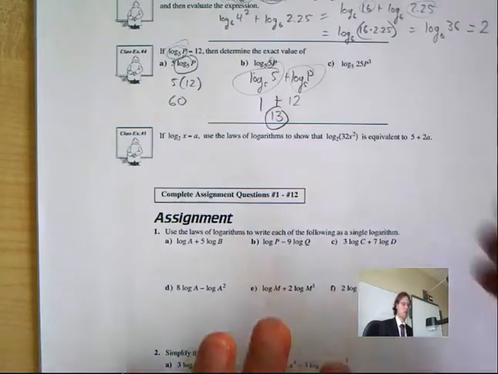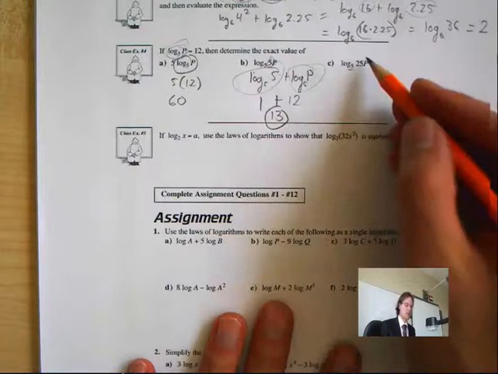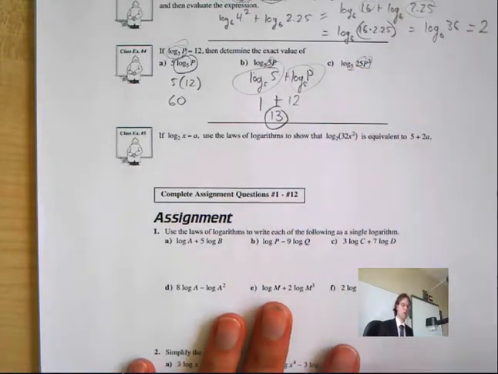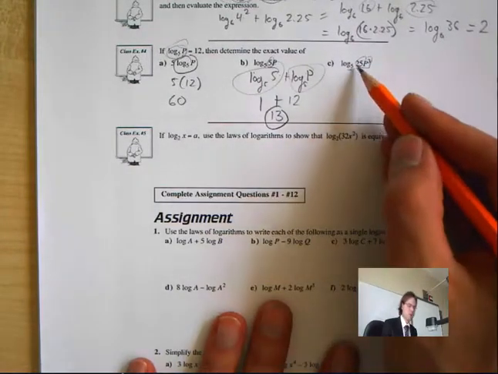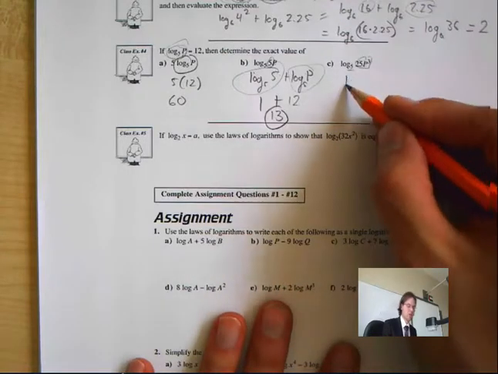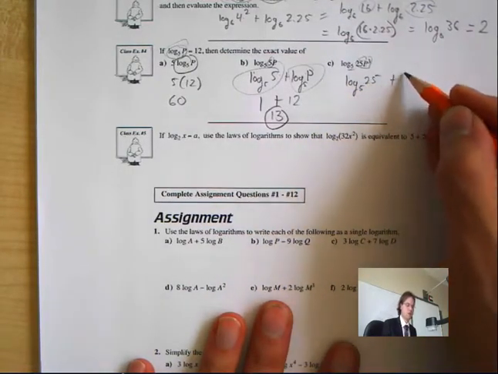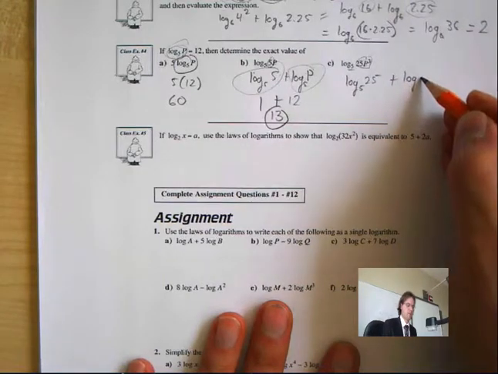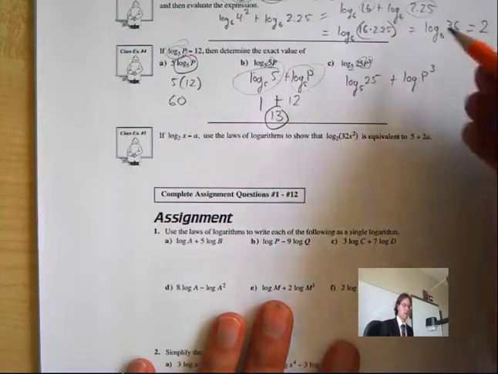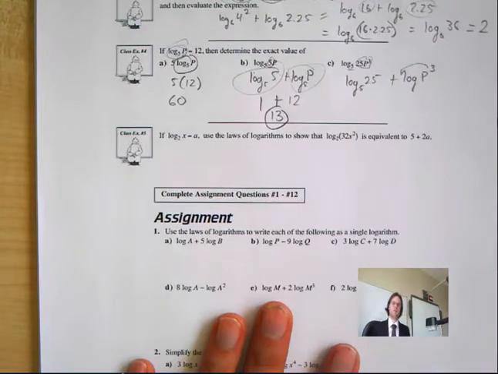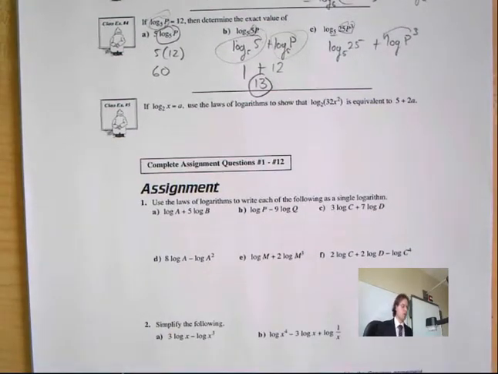Now here we're taking a look at our next one, same idea. This is saying 25 multiplied by p to the 3. So I'm going to separate these into two different entities. So I'm going to have log 25 plus log p cubed. Okay. Now this 3 could go down in front because of our power rule, right?